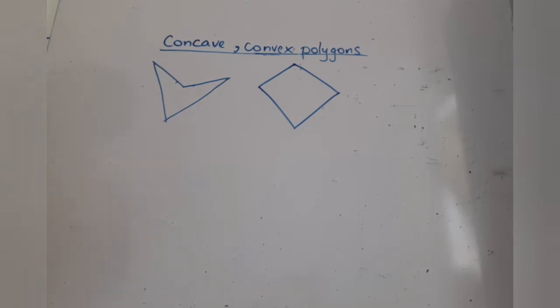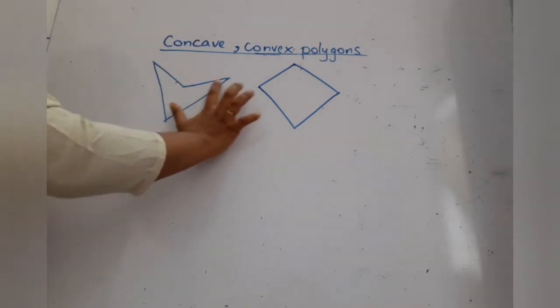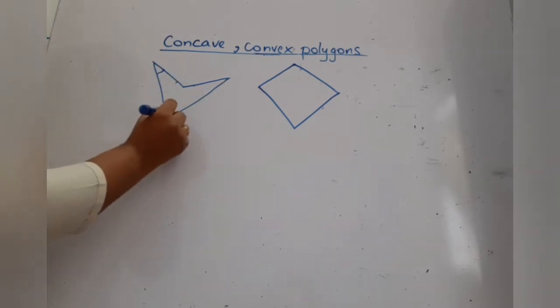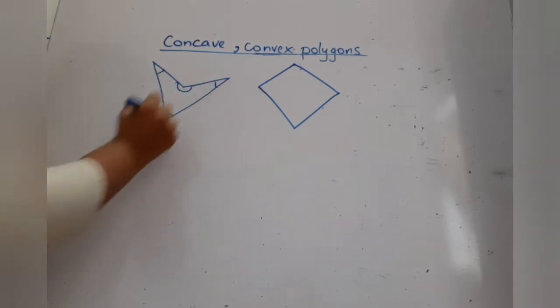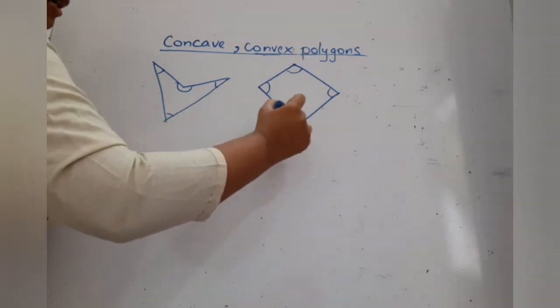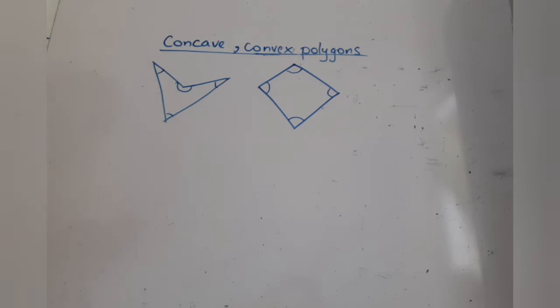These polygons have interior angles. These are its interior angles, and here these are the interior angles. If at least one of its interior angles is a reflex angle, then it is a concave polygon.